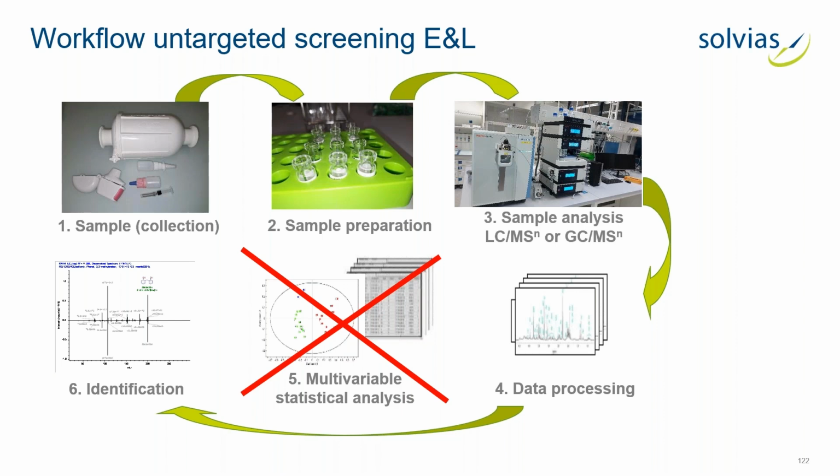It's a little bit less difficult than for an animal. We have the same instrumentation that we use for the analysis. We also have a processing step afterwards. We skip the principal component analysis because we have only a sample that is extracted and a blank from the solvent. And then we can skip directly to the identification of all the signals that we observe.